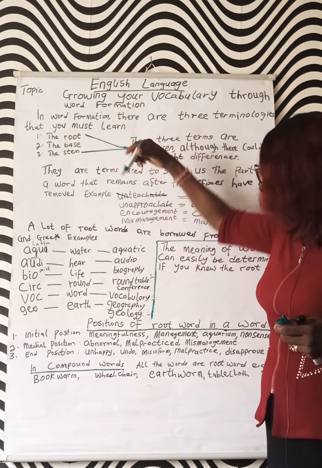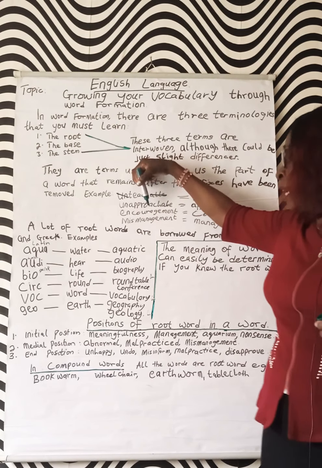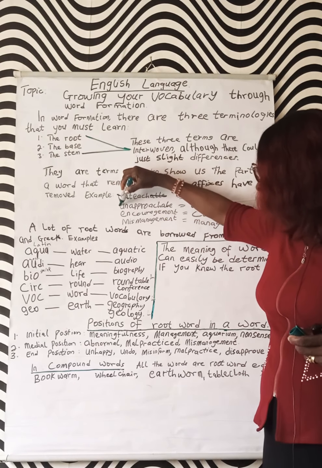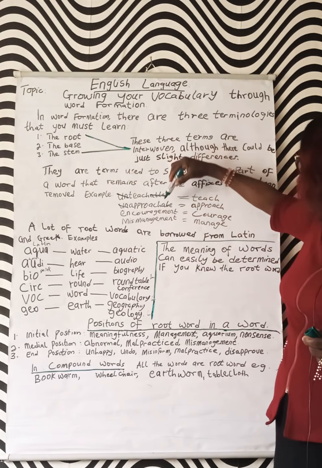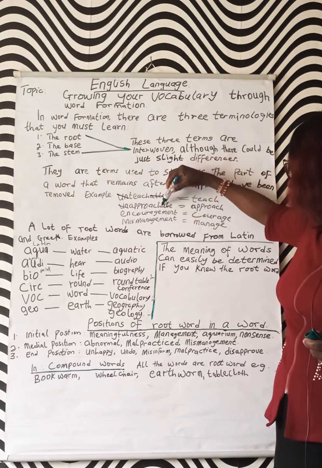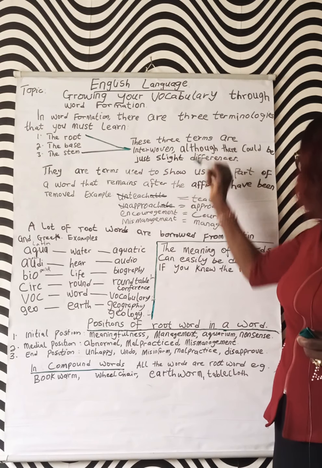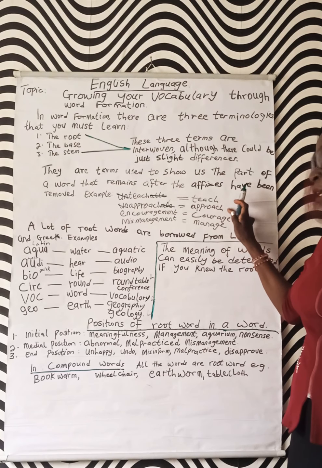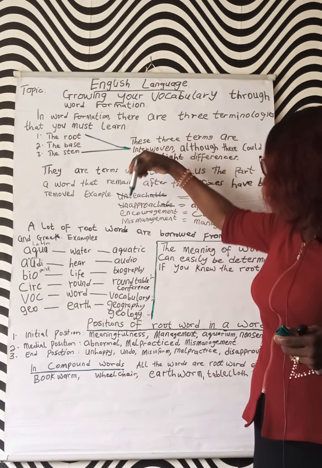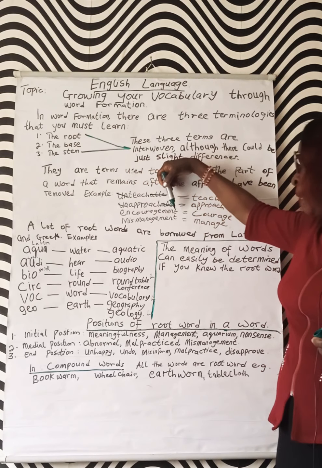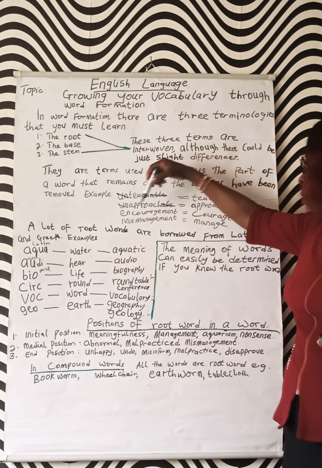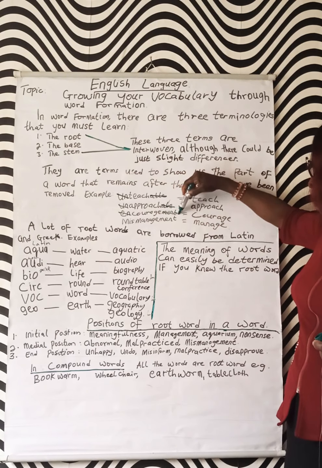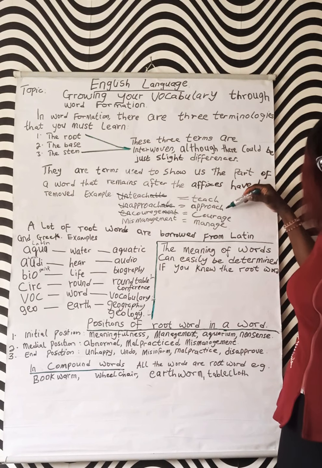And in the word unapproachable, if you remove the prefix and remove the suffix, what we have is approach. And then in the word encouragement, when you remove the prefix and you remove the ment, what you have is courage.